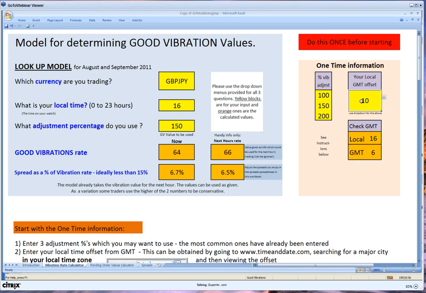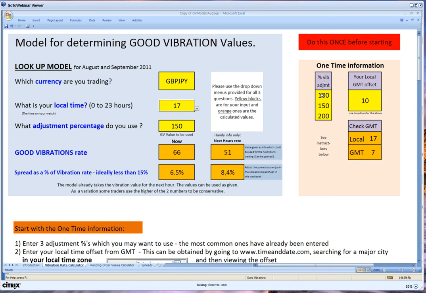That offset you can get as shown in the Good Vibrations book. You can get that from Time and Date sites like that. So you put your 10 in, and you put the current time, which now needs to be updated to 5 o'clock in the afternoon locally, and it then will take these tables and convert them to the correct lookup values that you need to use.